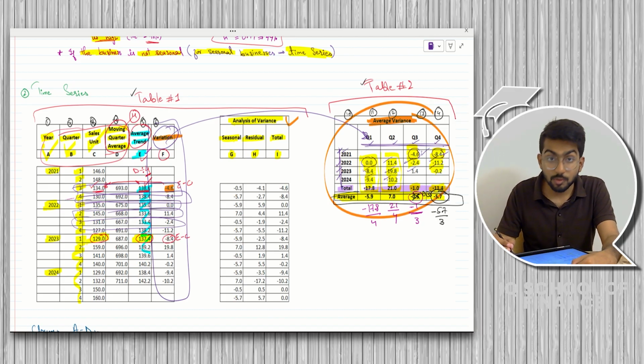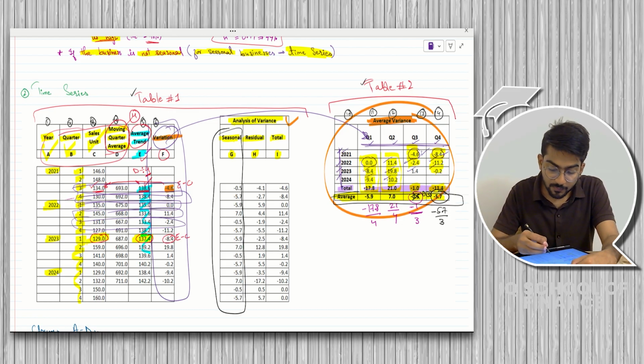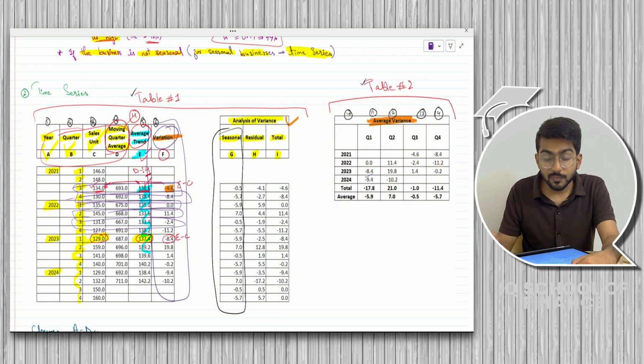This average is going to be used in this table of season. Okay, see, for quarter 1 we have the average of, okay, let me clear it first. So for quarter 1 we have got the average of -5.9.